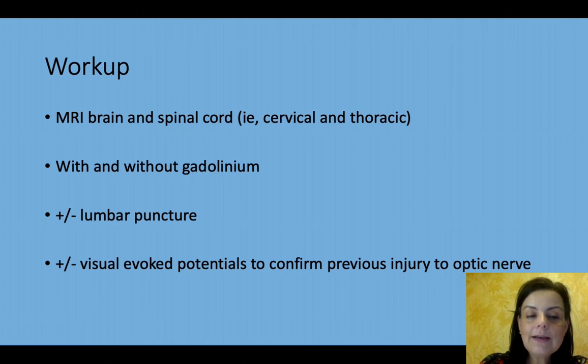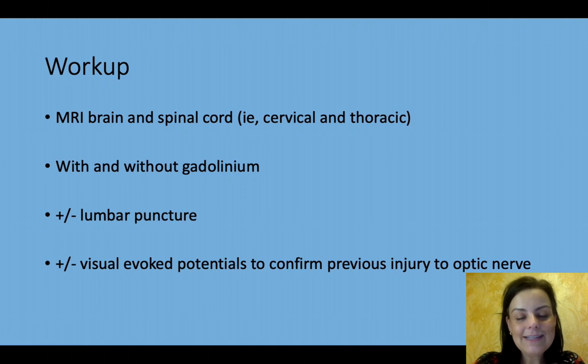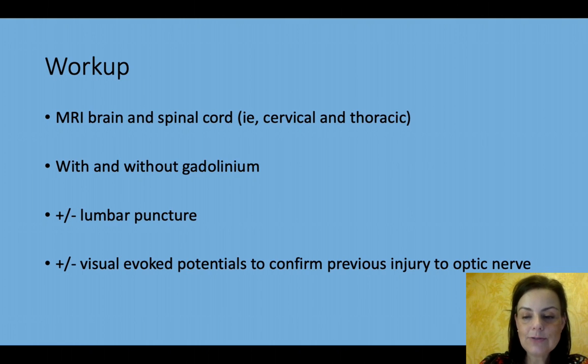In her case, we may not need it, and if I can spare a patient a lumbar puncture, I'll do it, but if we need it to clinch the diagnosis, we would do it. And then another test that she may not necessarily need to make the diagnosis would be visual evoked potentials. This is just a test that I'll show you in a minute that more objectively assesses the integrity of the optic nerve.